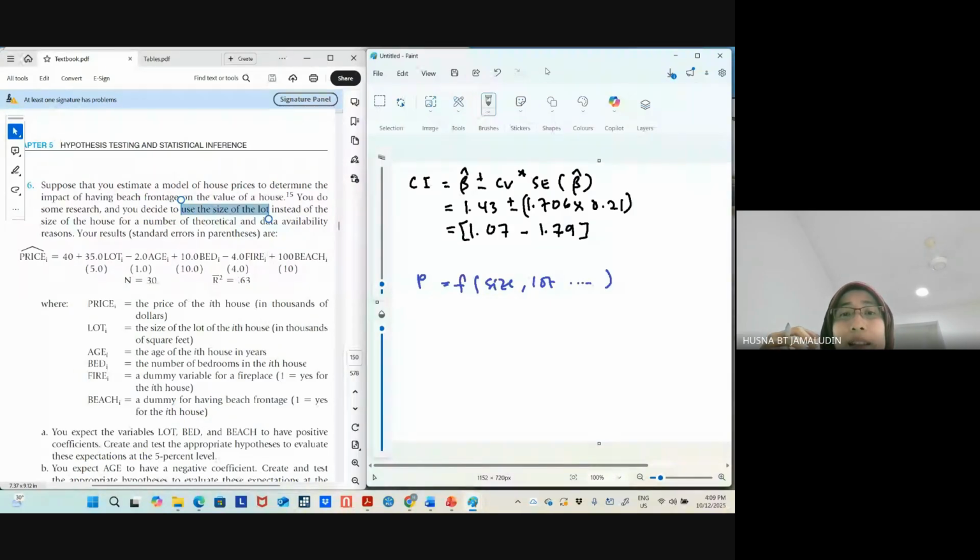When the size of the house increases, what do you think will be the impact on the price of the house? Will the house become more expensive when the size becomes bigger? Yes, of course, right? But for the lot of the house, you know the lot is like the area around the house.